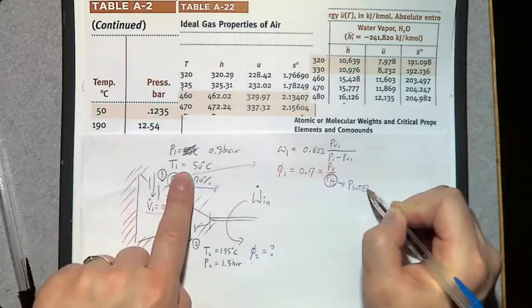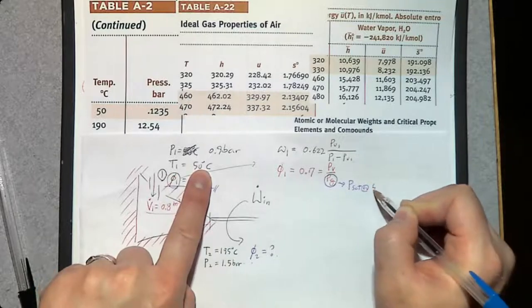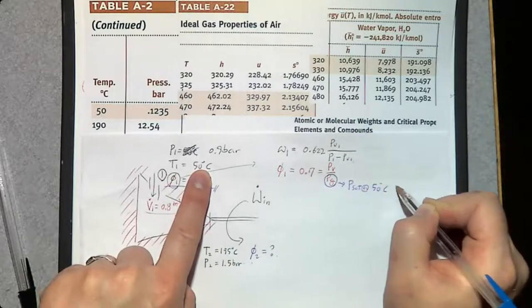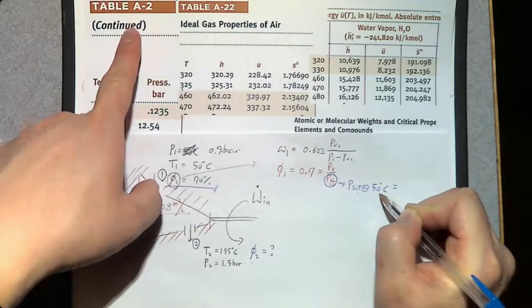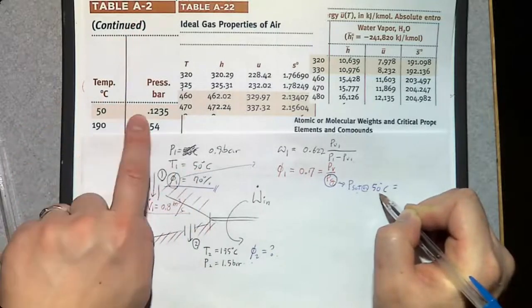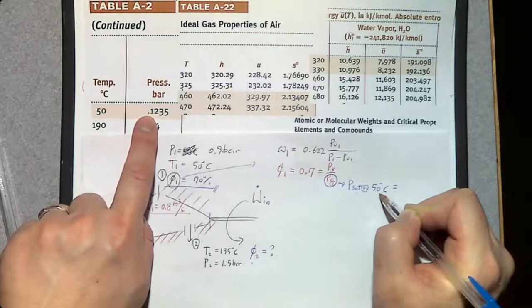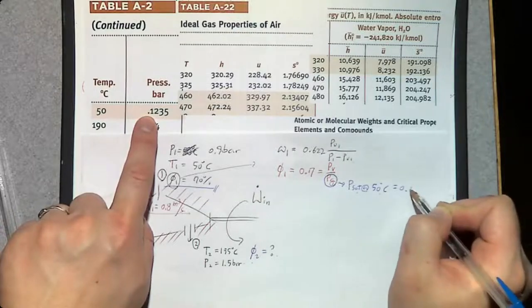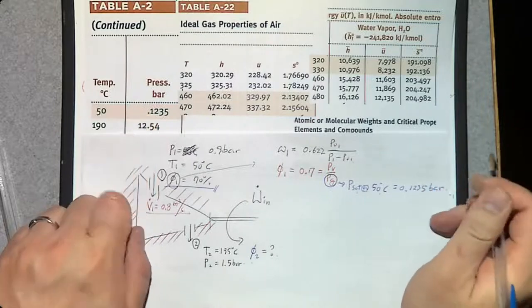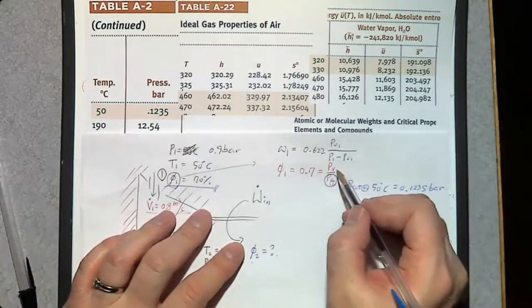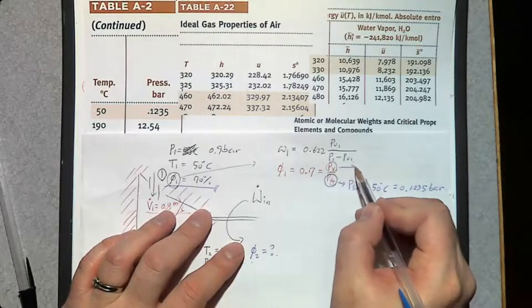So what is the temperature at number 1? 50 degrees Celsius. What is P sat at 50? If you go to table A2 at 50 degrees Celsius, saturation pressure is going to be 0.1235 bar. So from this equation, we can evaluate PV.